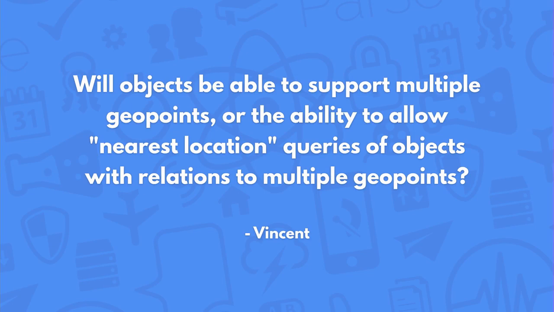Thanks. Will objects be able to support multiple geopoints, or the ability to allow nearest location queries of objects with relations to multiple geopoints? Unfortunately, we can't really do that in one single object. So this is an issue with the underlying database. Technically you could put multiple geopoints in a single object, but we don't allow you to because only one of them can be indexed. And because only one of them can be indexed, you could only efficiently sort on one.